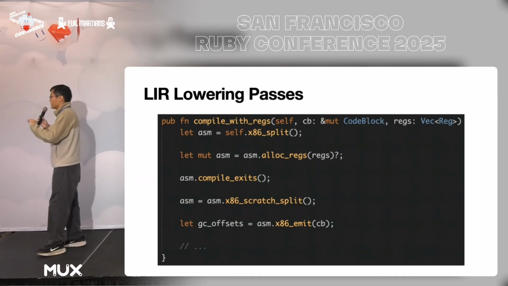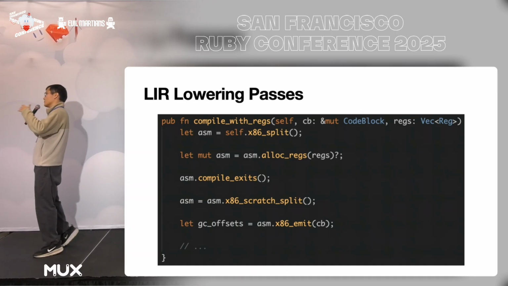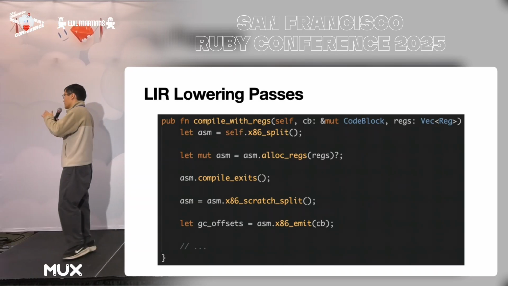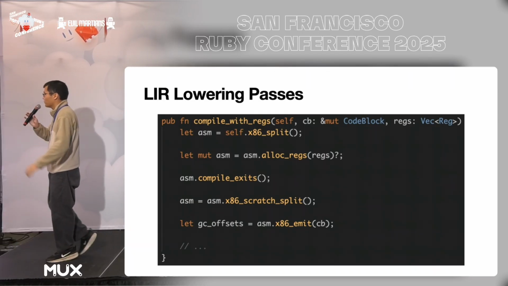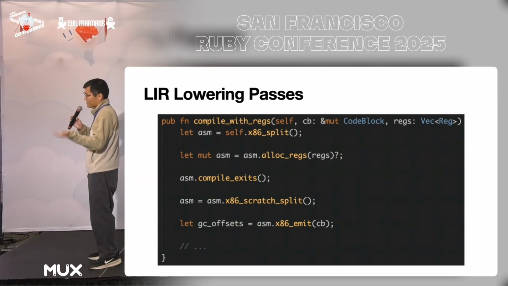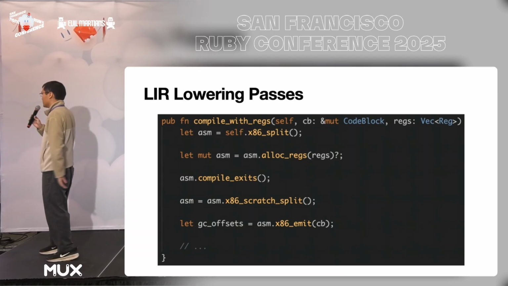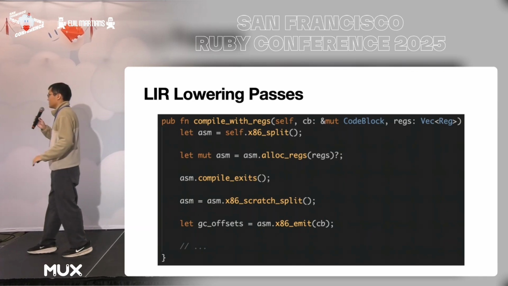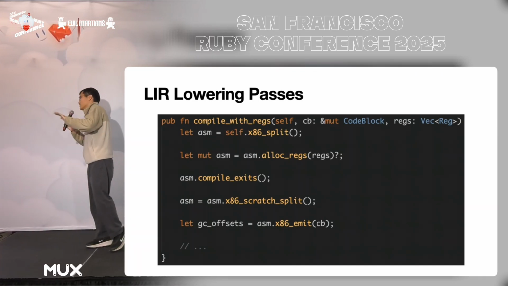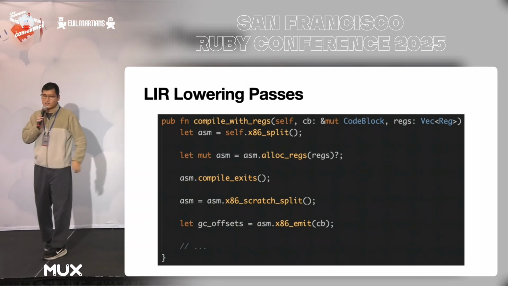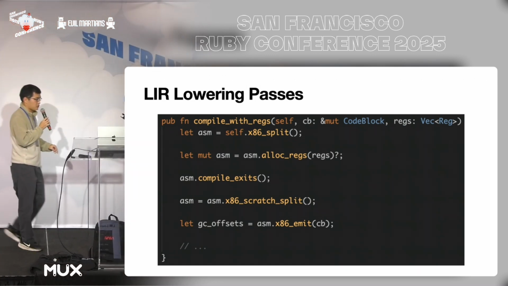And then compile exits is just compiling code that's used by the patch points and so-called side exits, in case something happens, for example, a method is redefined or something like that. And scratch split is just a last minute split for encoding instructions, and then finally the emit pass that actually encodes the instruction into machine code.